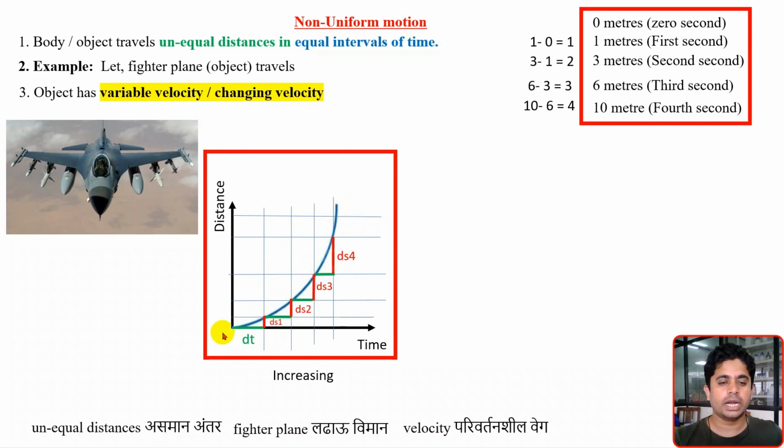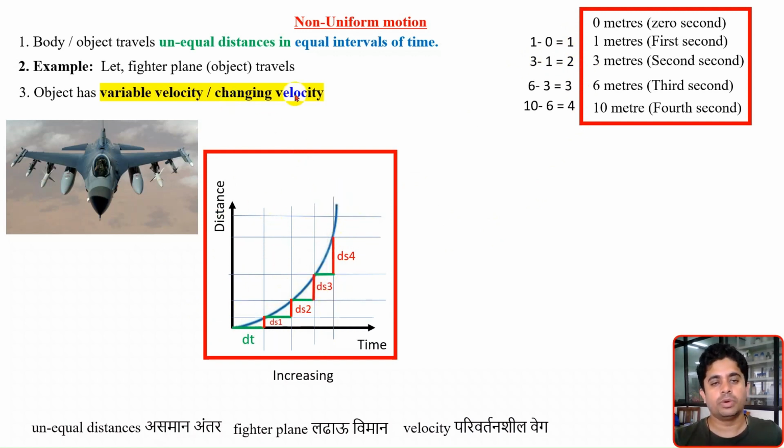There we will not get a straight line, here we will get a curve for non-uniform motion. And here as the distances ds1, ds2, ds3, ds4 are increasing, like here is 1, 2, 3, 4, this graph we will call increasing non-uniform motion.